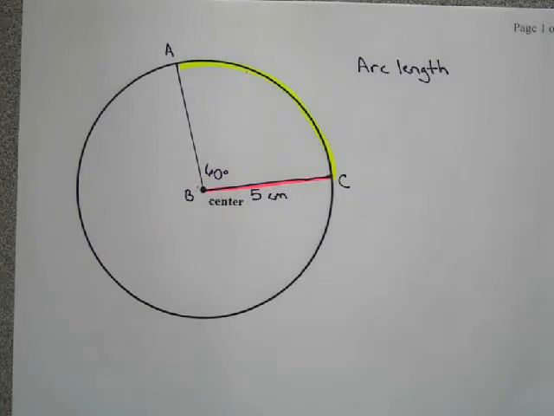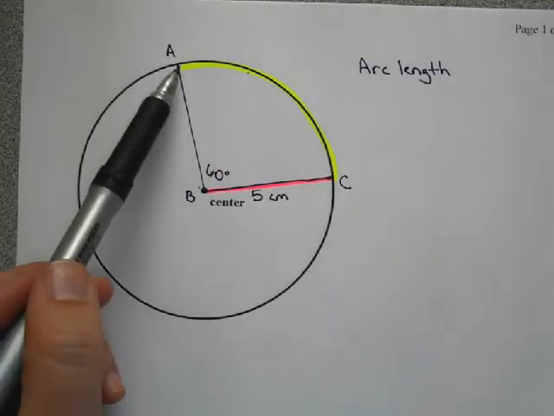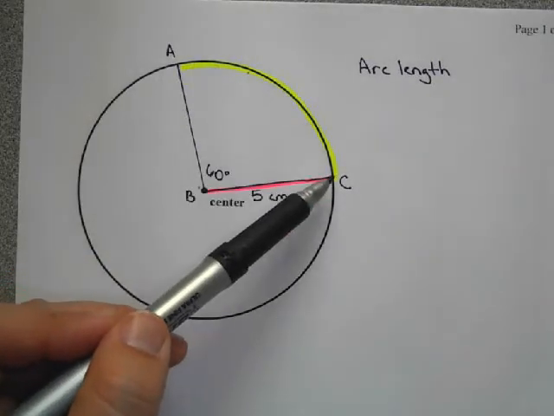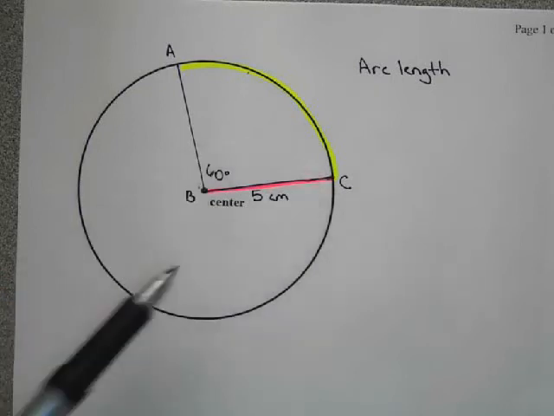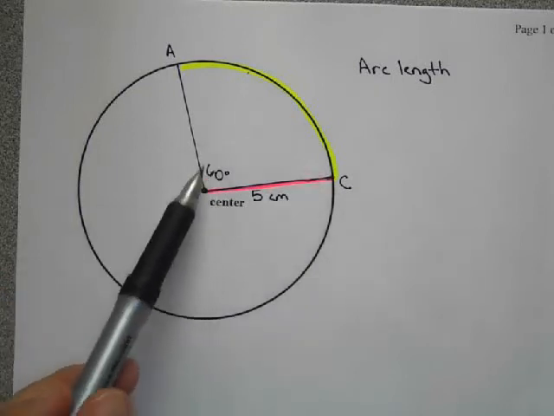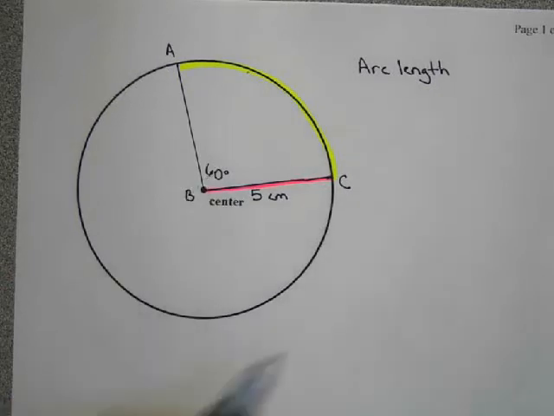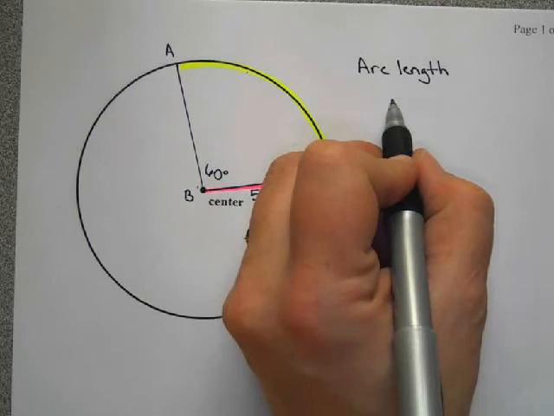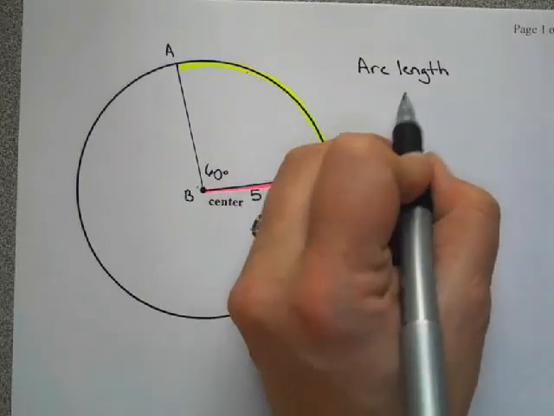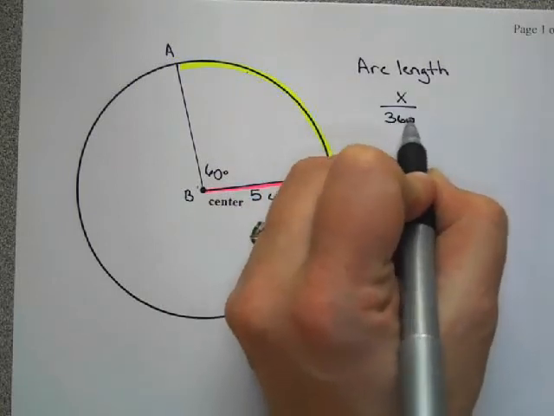So this is a measure of the circumference, but we need to know how much of the circumference we have actually taken off. So if you think of the angle as a fraction of the circle, arc length is given as x divided by 360 times the circumference.